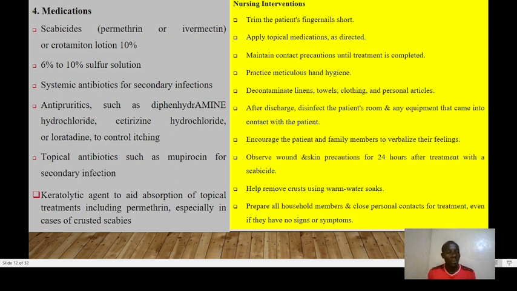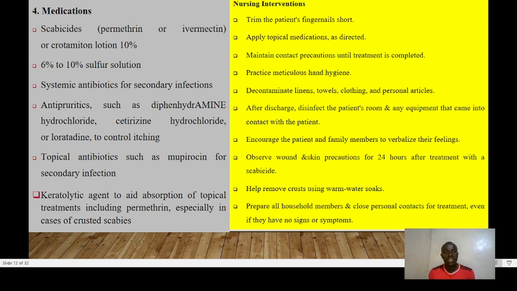We could also have topical antibiotics such as mupirocin for secondary infection, and we could also have a keratolytic agent to aid absorption of these topical treatments, including permethrin, especially in cases of crusted scabies.